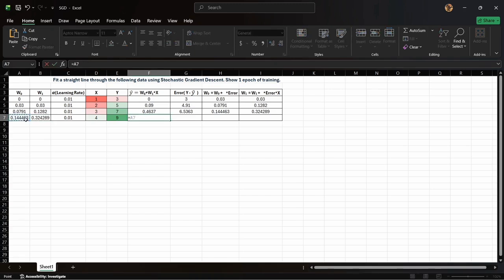Y hat equals w0 plus w1 into x, and error equals actual value minus predicted value, and w0 equals w0 plus learning rate into error, and w1 equals w1 plus learning rate into error into x.